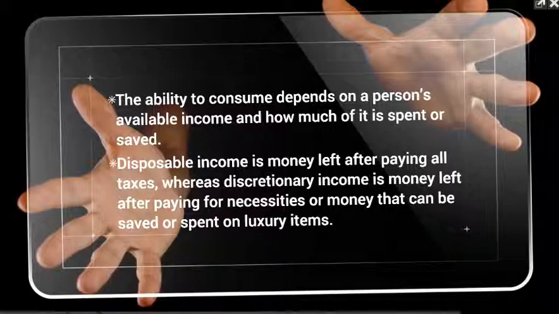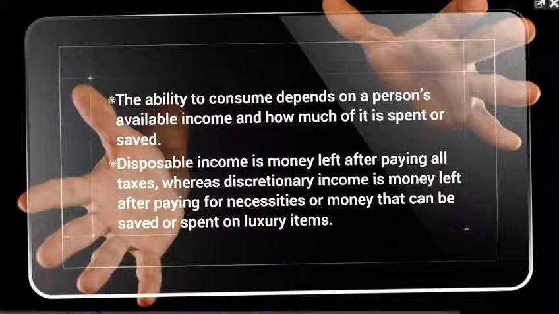So an example of this is that when we talk about disposable income, you can almost think of that in essence as your take-home pay. After you deduct out the taxes, that's what you have left. But out of that money, you're probably going to have some bills to pay.